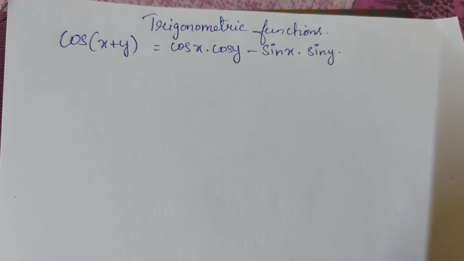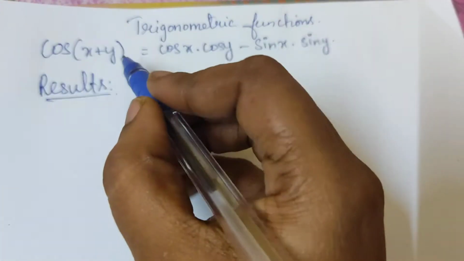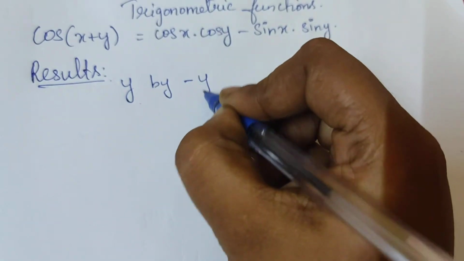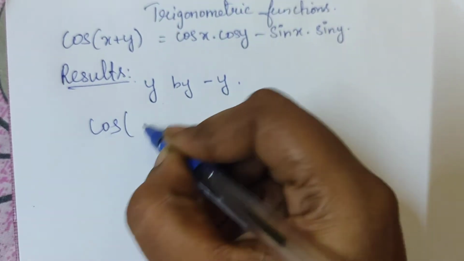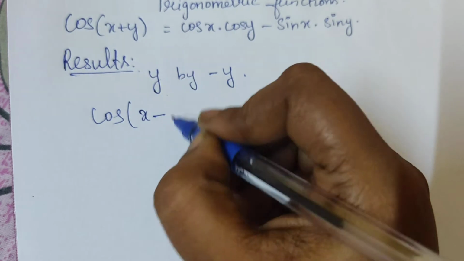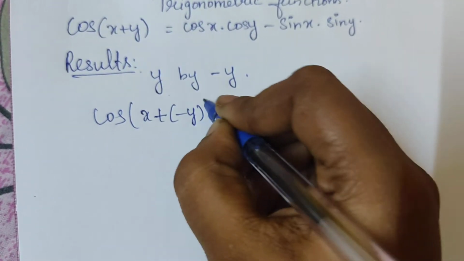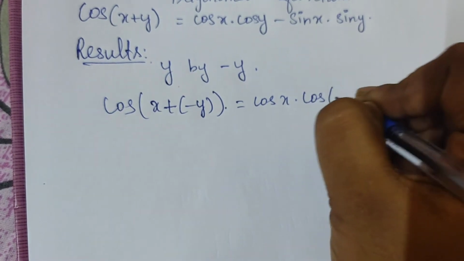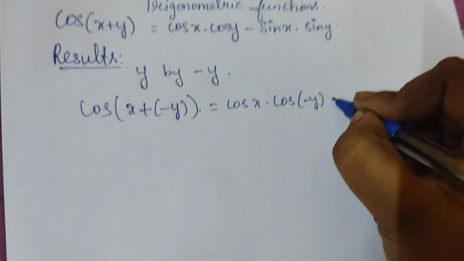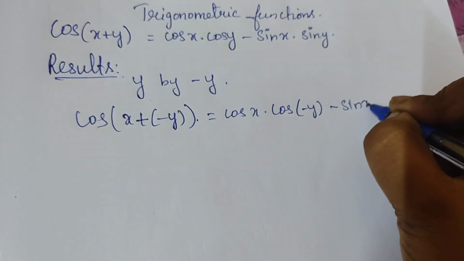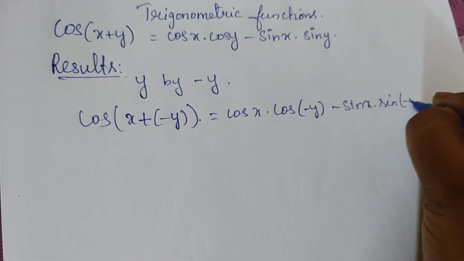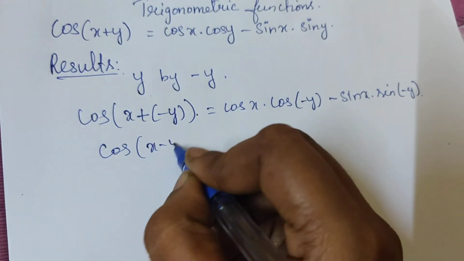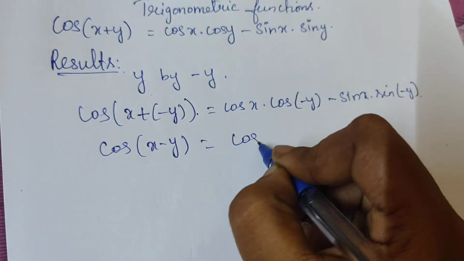Suppose in this we replace y by minus y. So what will happen? Cos of x plus minus y we will write, then cos x cos minus y minus sin x sin minus y. So we get cos(x minus y) equal to cos x.